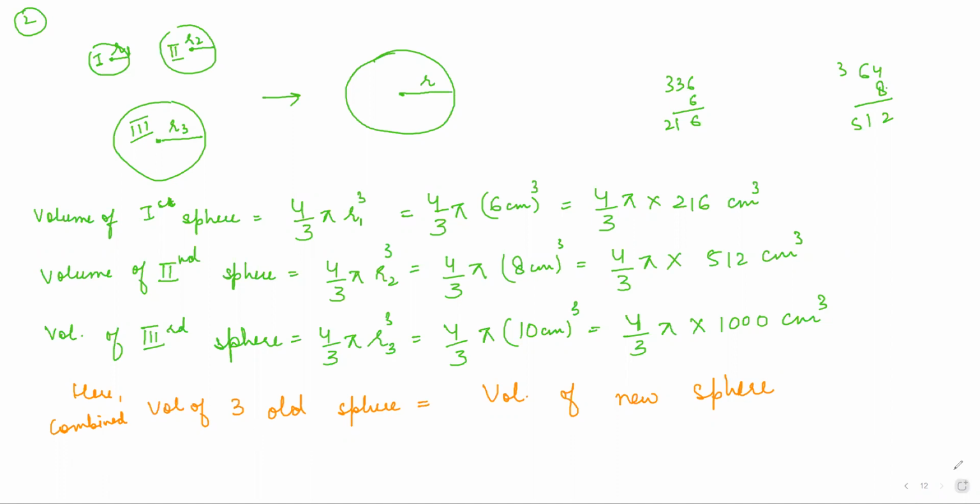Have you written all of you? Yes, ma'am. Okay. So first of all, 4 upon 3 pi into 216 centimeter cube, right? Then 4 upon 3 pi into 512 centimeter cube. Then 4 upon 3 pi into 1000 centimeter cube.